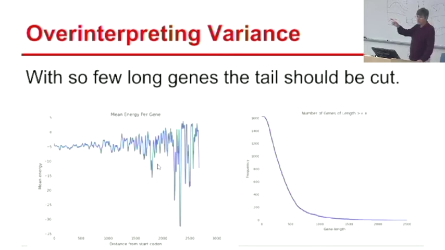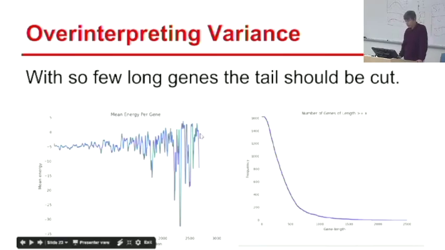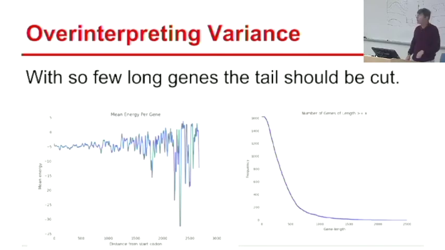Does that make sense? Now, if we're averaging over more things, we would expect a smoother signal. Any questions about the idea of variance here? A lot of things people see that they think are signal are variance, and you've got to be aware of that. Any questions?